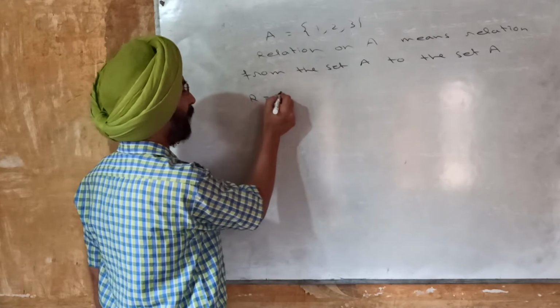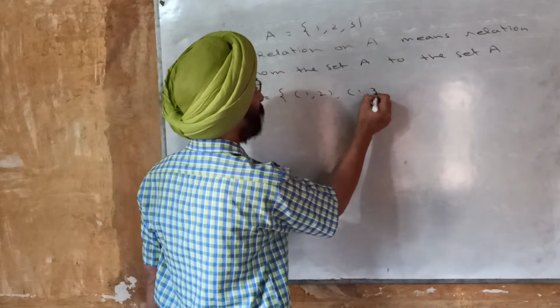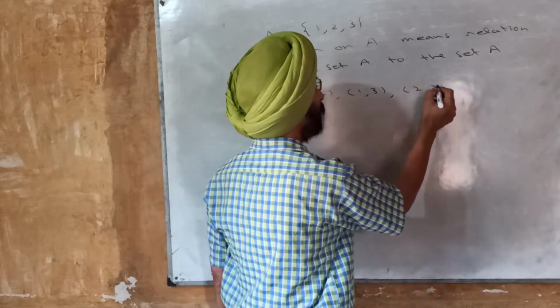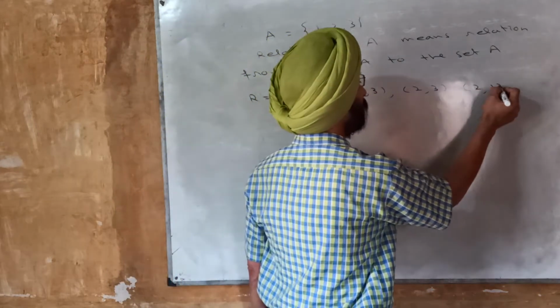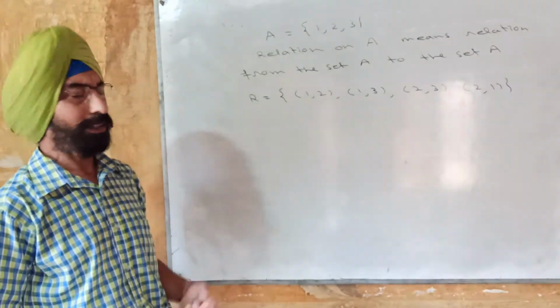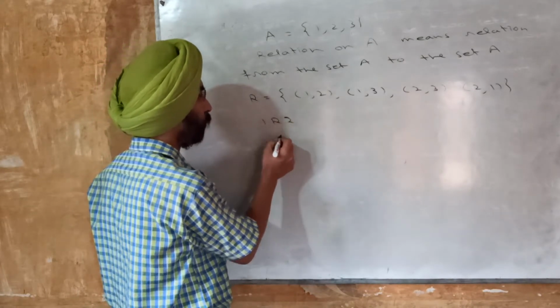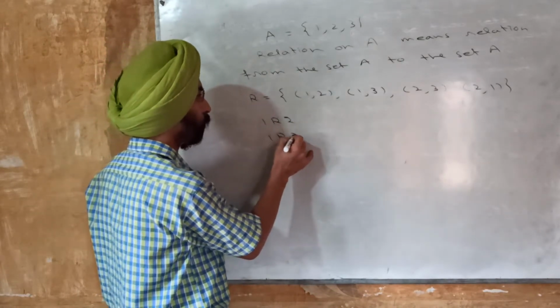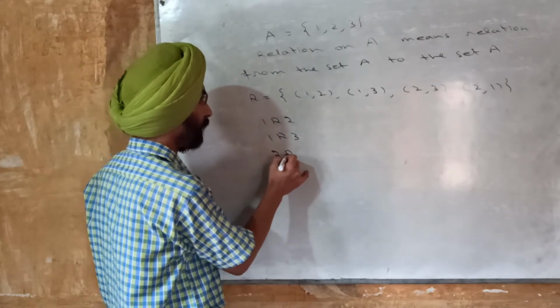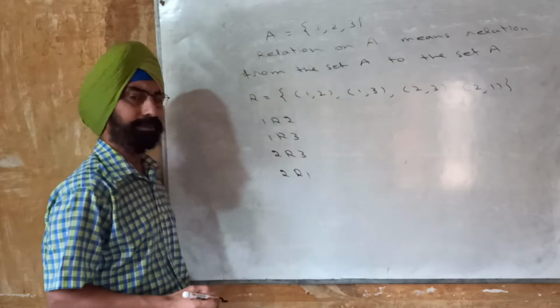Let us take R to be a relation containing the elements (1, 2), (1, 3), (2, 3), (2, 1). Let these be some members of a particular relation R. So in this relation, 1 is related to 2, 1 is related to 3, 2 is related to 3, and 2 is related to 1.